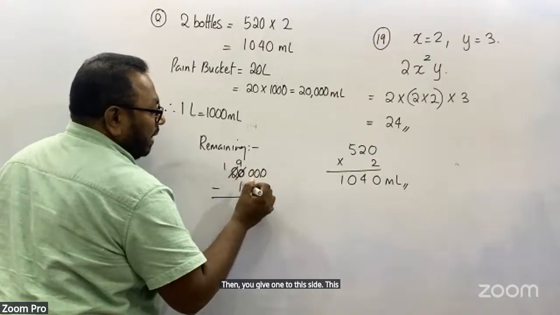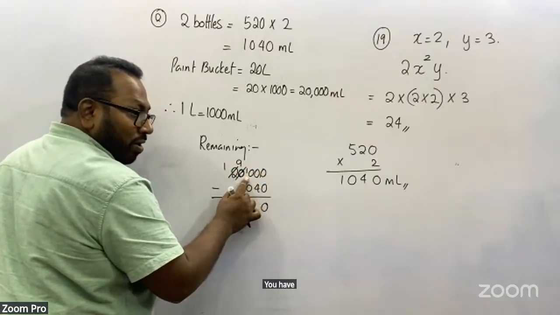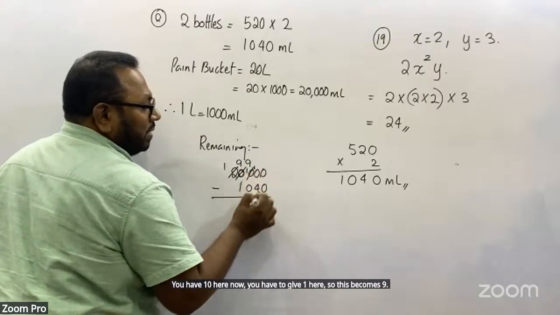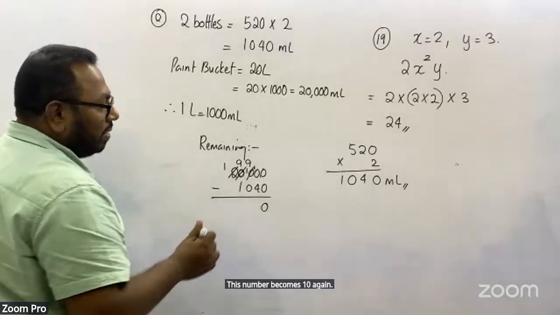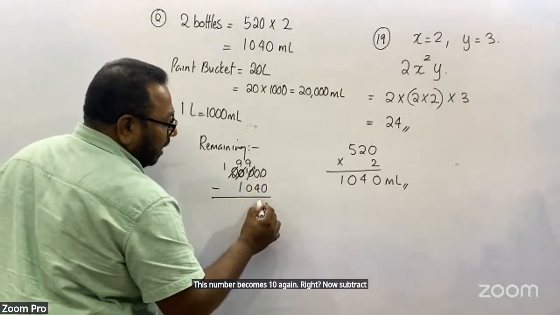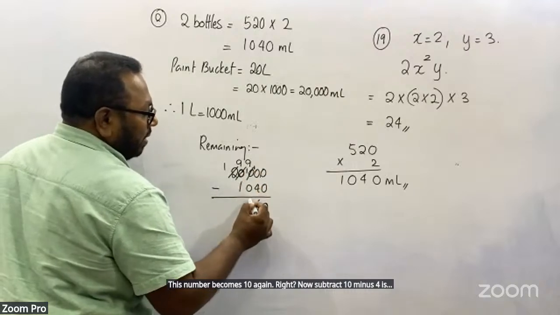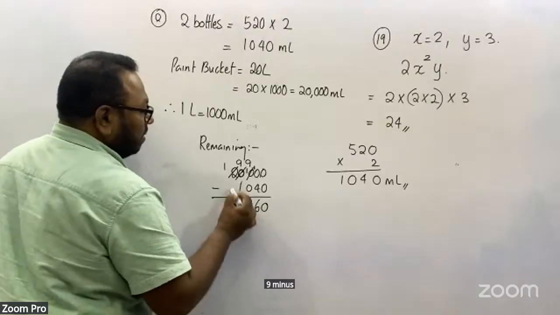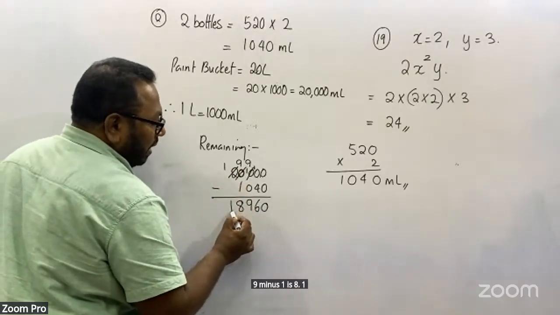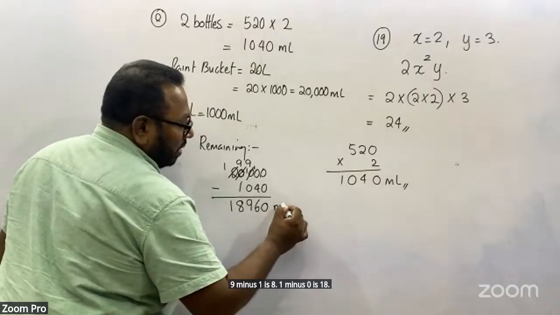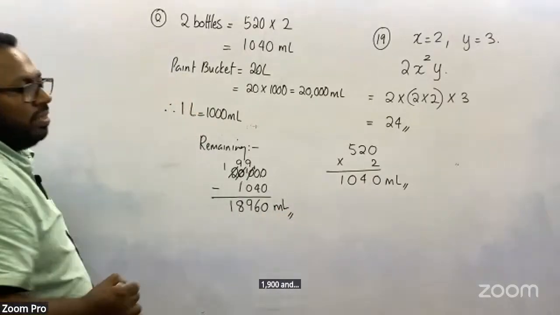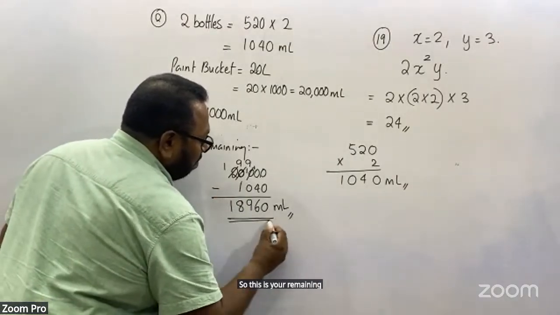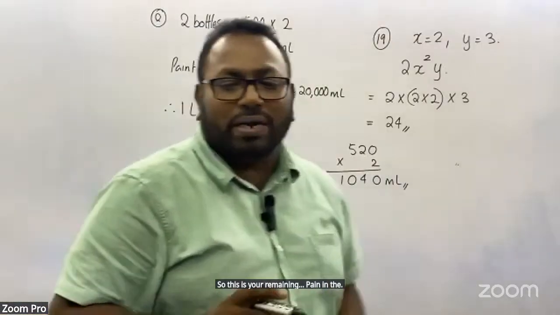This becomes 9. You have 10 here now. You have to give 1 here. So this becomes 9. This number becomes 10 again. Now subtract. 10 minus 4 is 6. 9 minus 0 is 9. 9 minus 1 is 8. 1 minus 0 is 1. 18,960 milliliters. So this is your remaining paint in the bucket.